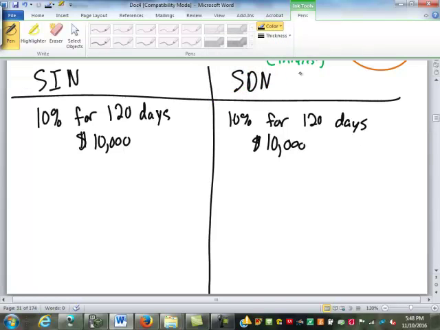Well, over here, a simple interest note is just what we've been doing. You receive $10,000 at the beginning.